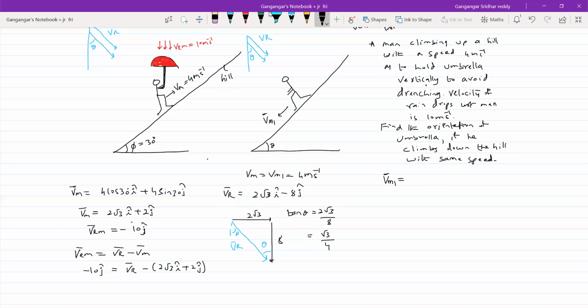So VM1 bar will be minus of VM bar, a negative vector, no? So this should be equal to minus of 2 root 3 i cap plus 2 j cap.